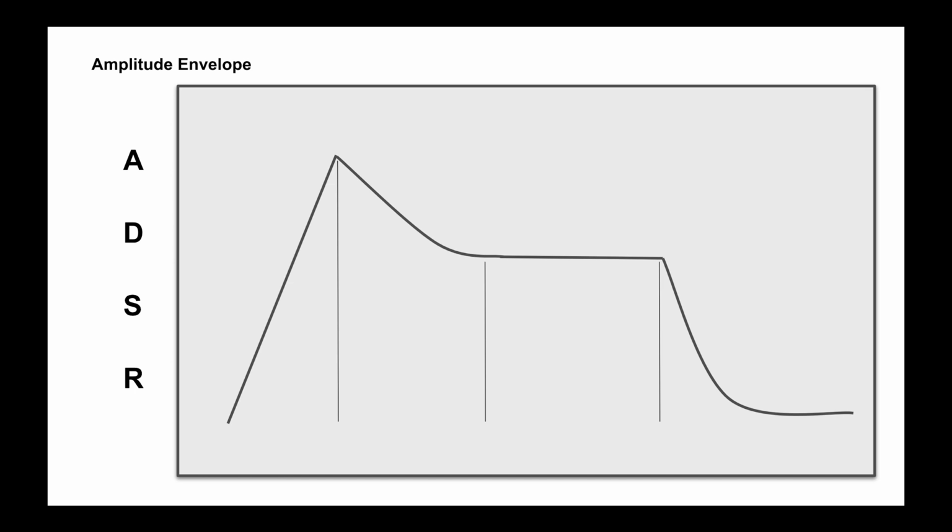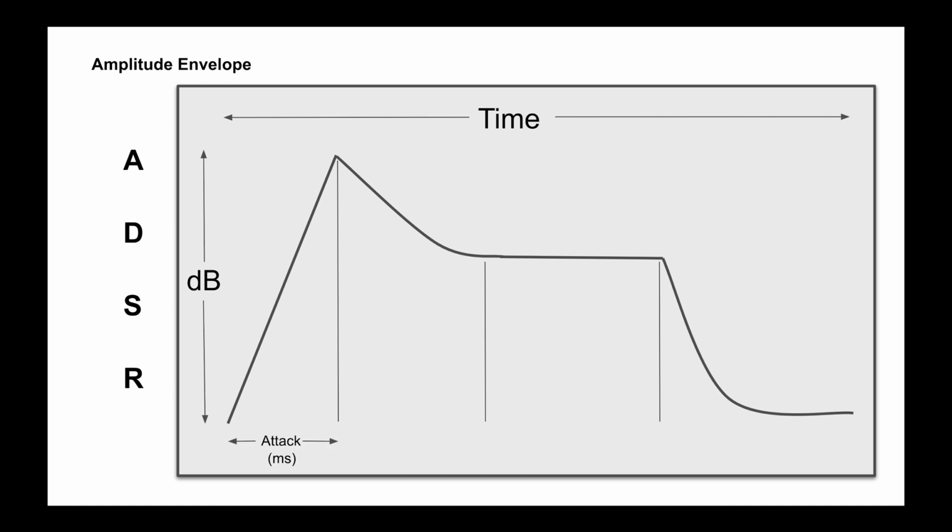So when we look at the amp envelope, first of all, the time domain is from left to right. And it shows just basically on this graph, that's time. And then the decibel level is the vertical, right? Which is showing you the intensity of the sound. So if we talk first then about the attack time. Attack time is, again, the time it takes for a sound to go from 0 decibels to full volume, right, in milliseconds.